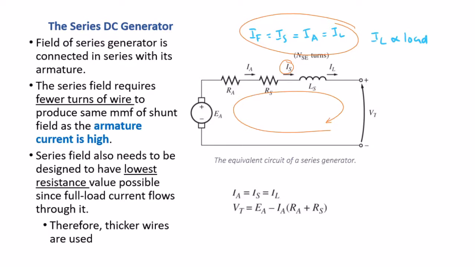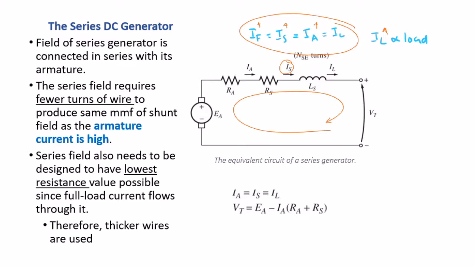So when the load is high, IL will also be high, and therefore IA is also high, and IF or IS will also become high, which is very different from the previous type of DC generator.